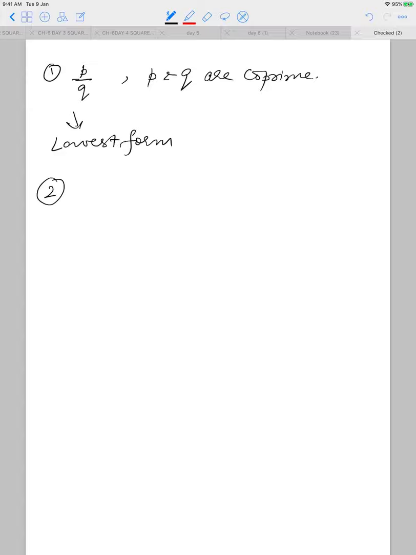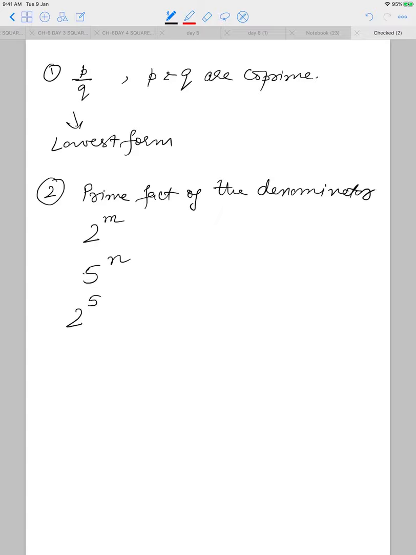The second step is that we look at the prime factorization of the denominator. If the prime factorization of the denominator contains powers of 2 only, like 2 to the power n, or powers of 5 only, say 5 to the power n, or both powers of 2 as well as 5, in that case we say the given rational number will have a terminating decimal expansion.